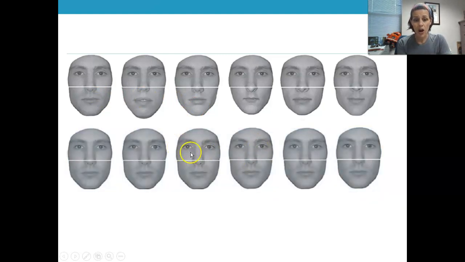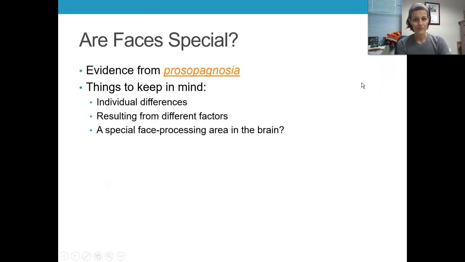All of a sudden, each face holistically has a very different quality to it, despite the fact that all of the top halves are exactly the same. So our face processing is special.